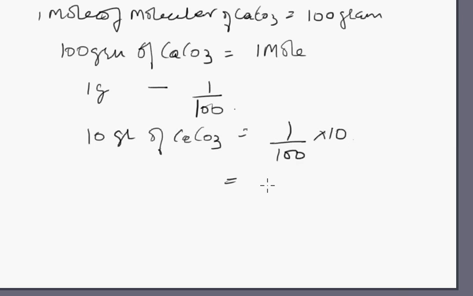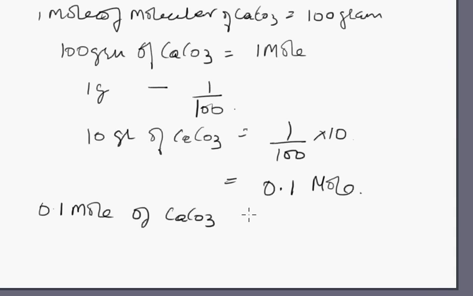It is a simple calculation that comes out to 0.1 mole. Thus, we say 0.1 mole of calcium carbonate is present in 10 grams of calcium carbonate.